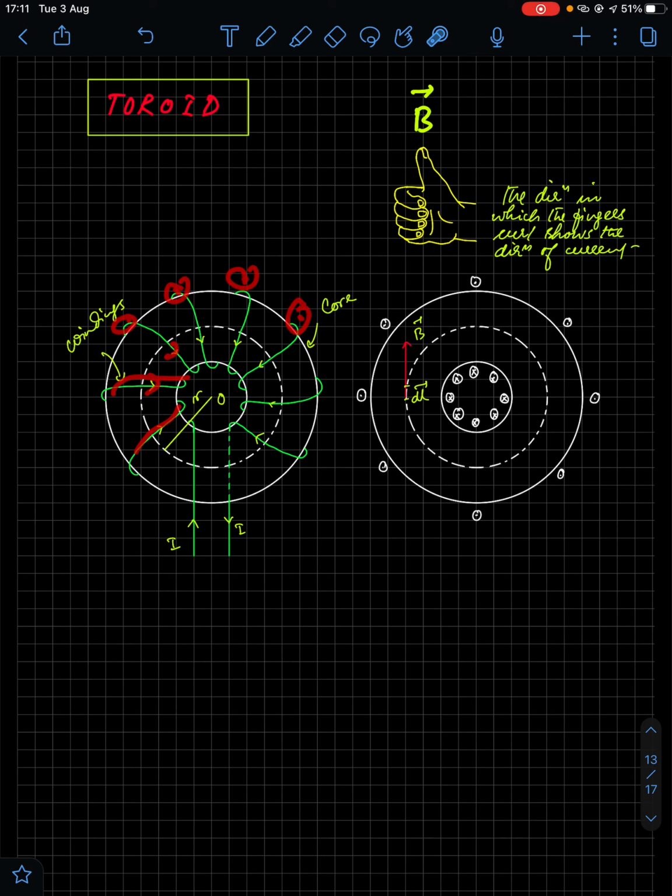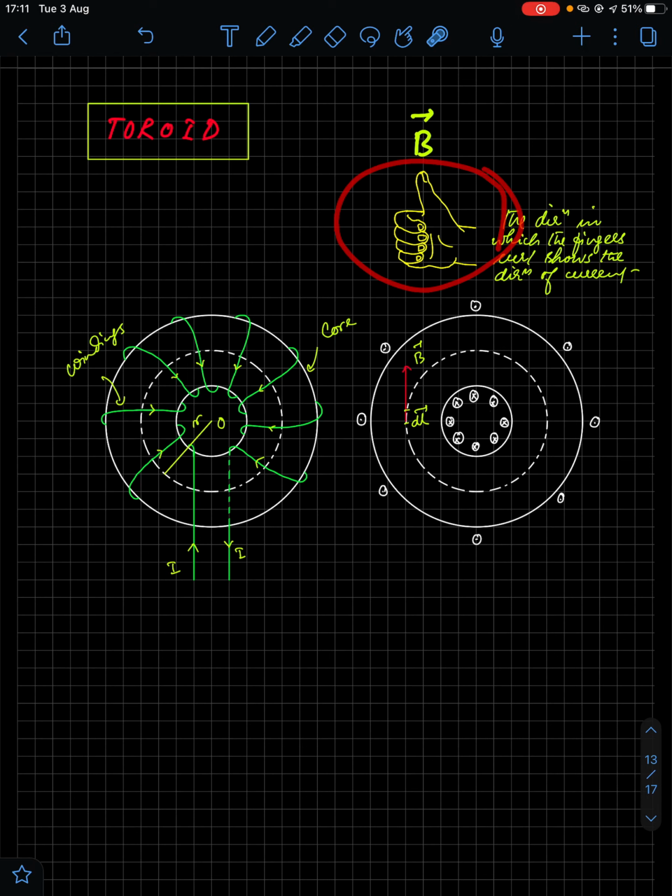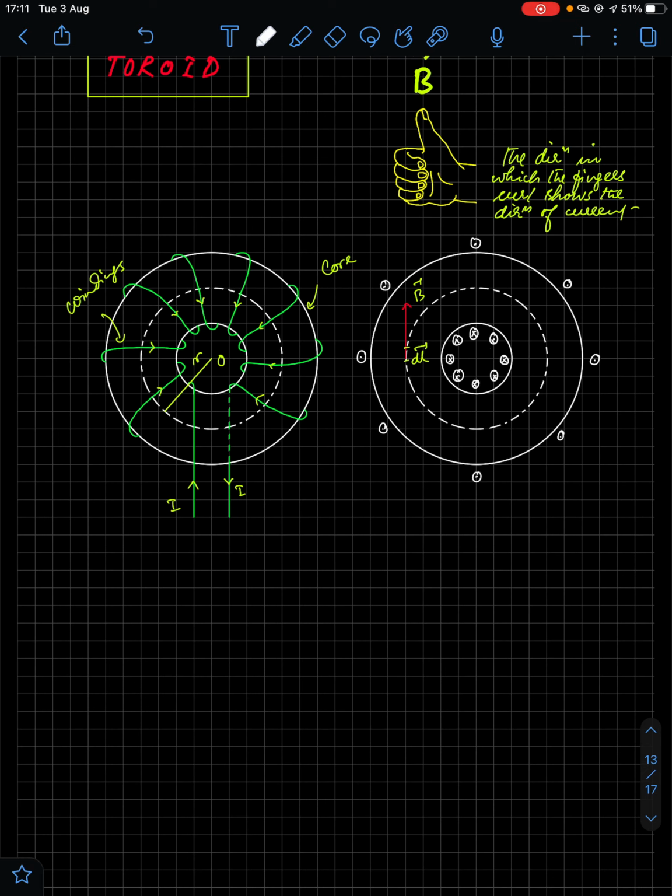That means it is coming out from here, so here you will place dots, and since it is entering this way, here we put crosses. If you apply the right hand rule here, the fingers' curling is aligned along the direction of the current. You see the current is entering this way, then the thumb shows you the direction of the magnetic field B. Say this current element is dl.